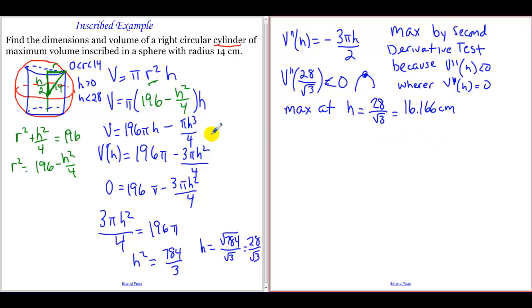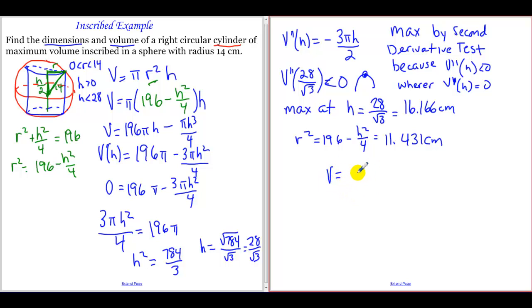So I have my h. I need to know the dimensions and volume. So once I know h, I plug back into our r squared formula. I plug in h there, and I got in my calculator 11.431 centimeters.